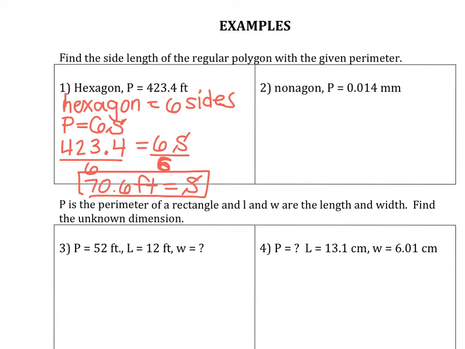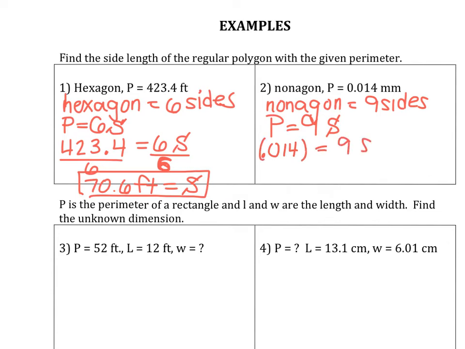Next we have a nonagon. A nonagon means we have 9 sides. So we have 9 sides, and we have P equals 9 times S, S being the length of each side. We need to plug in our perimeter, which is 0.014 millimeters.